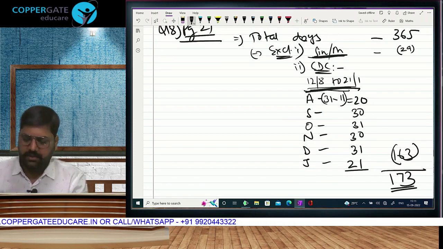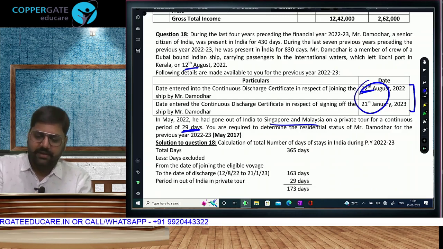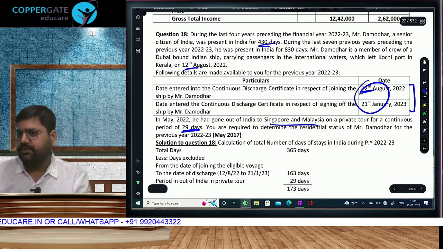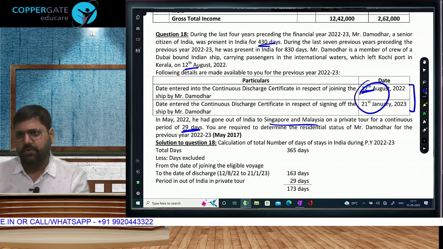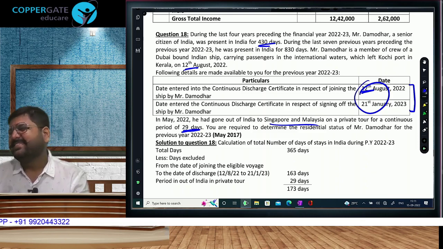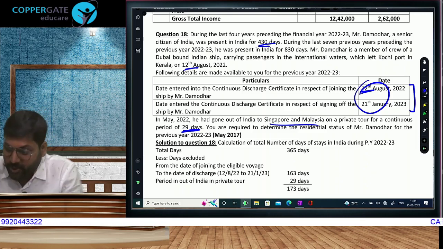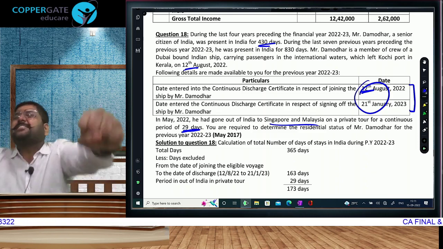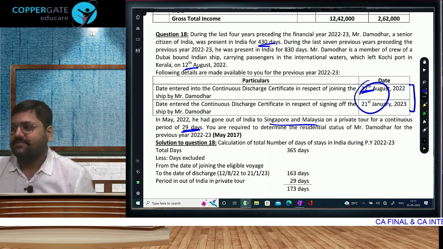173. ठीक है, 173 आ गया. Then last 4 years का तो 430 is given to you only. तो 63, 65 हो गया. Therefore, the assessee is... when you reach all the way here, yes, हो गया.